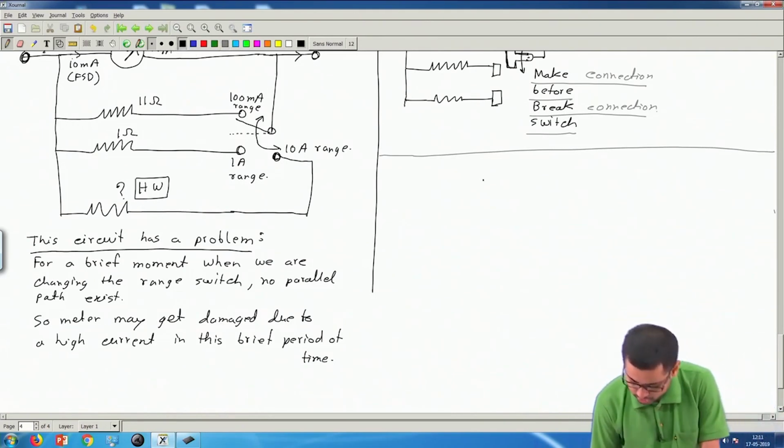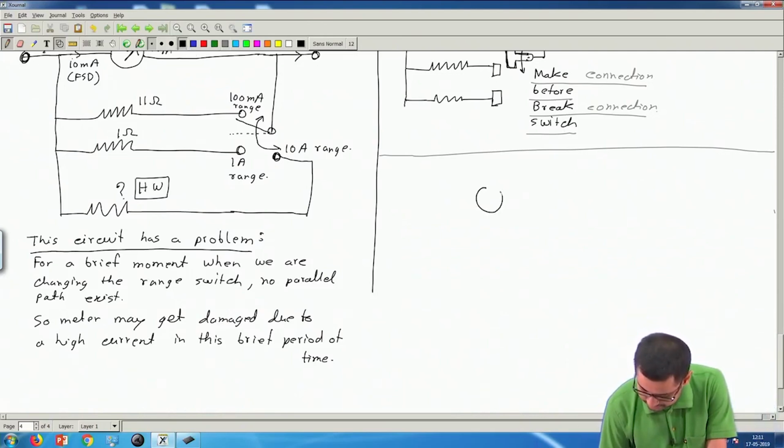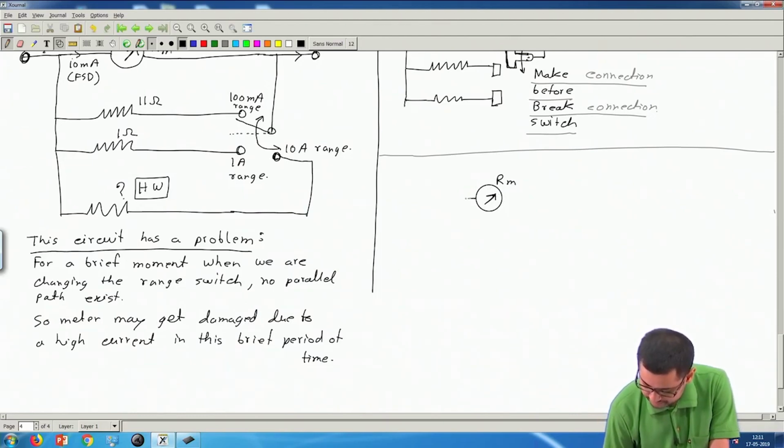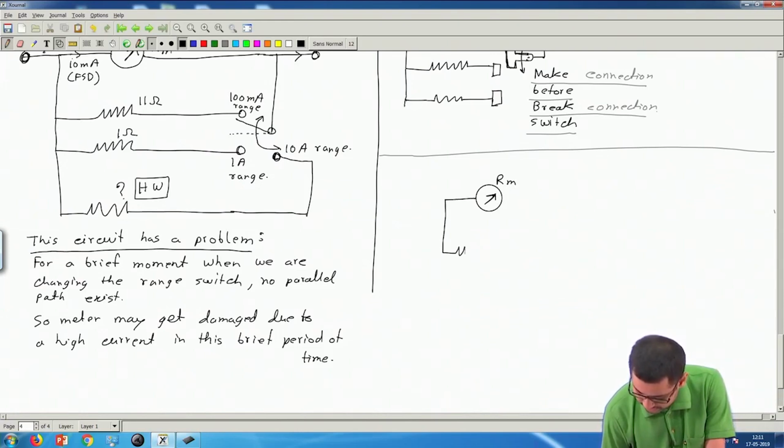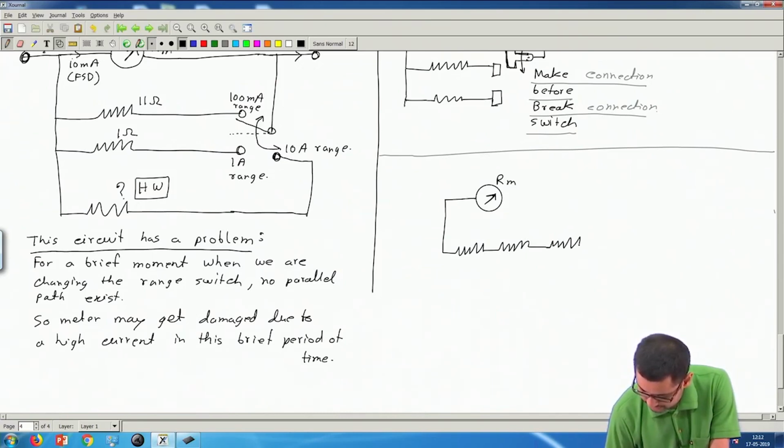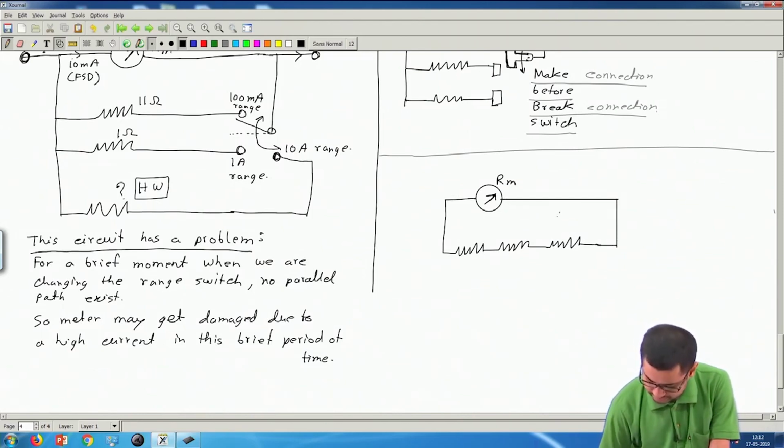It is like this. If I have my meter with internal resistance Rm, I will connect a set of resistances like this.